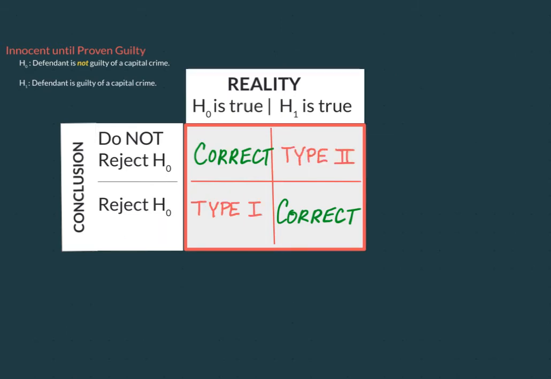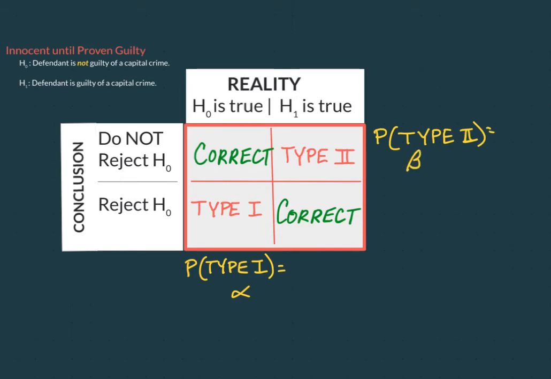So let's review some Greek letters. The probability of making a type 1 error is going to be represented by the symbol alpha. And we are actually going to choose that probability before we start. We're going to decide how important it is not to make a type 1 error. Also, the probability of making a type 2 error is represented by, you guessed it, beta.